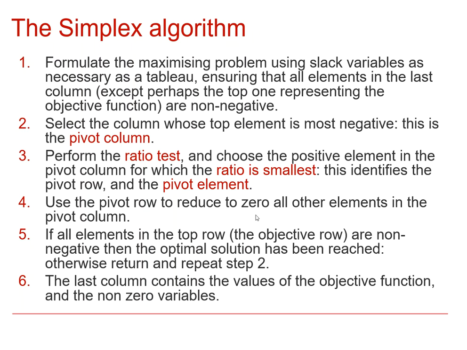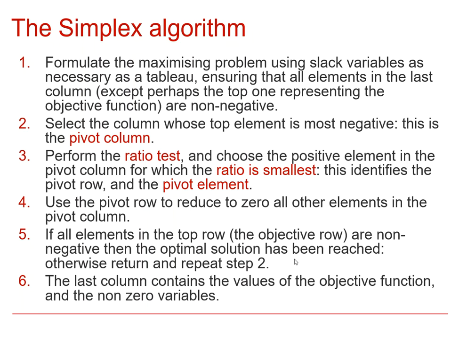Then we make sure that in the pivot row the pivot element becomes 1, and then we make all the other numbers in the pivot column 0 by subtracting multiples of the pivot row. That completes that iteration. We then start again by looking at the next result. If everything's non-negative in the top row, then we can stop at that point.